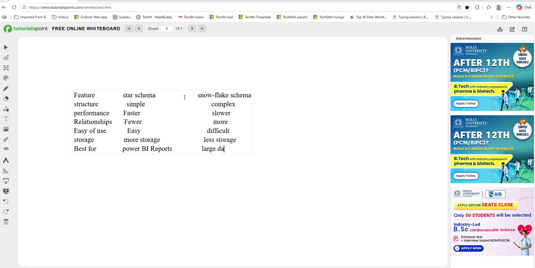Here the data is more, right? That is the reason it is best for large data warehouses.